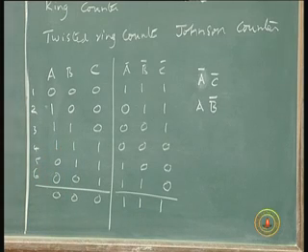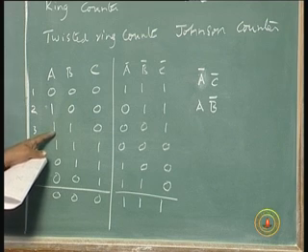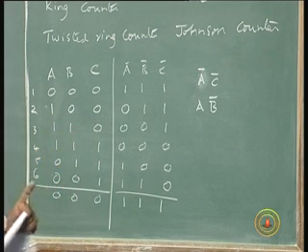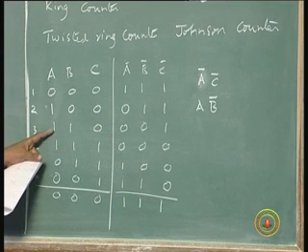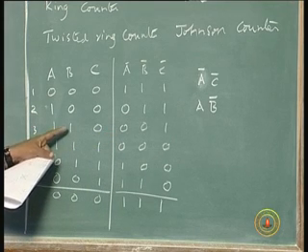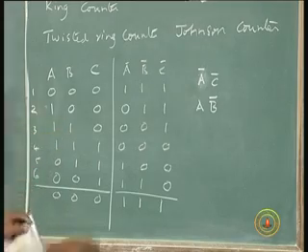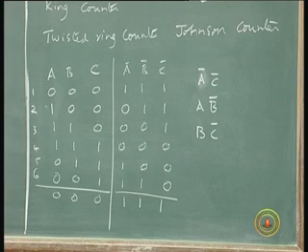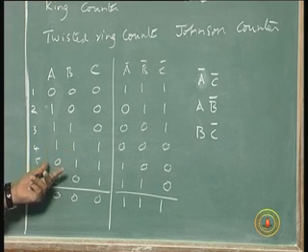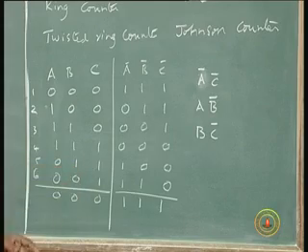A B bar, A C bar, is all right? Second is all right. What is the third one? B C bar, B C bar, right? Fourth one will be A C. AC will be on only for this.